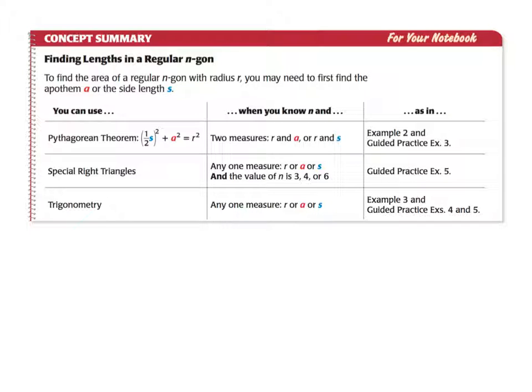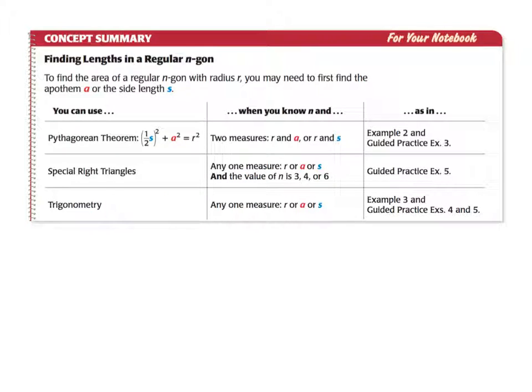And if you need to see an example of this, you can look at example number 2 and guided practice example number 3 in your book. So all of these are examples in your book, not from the notes. You can use special right triangles when you know you have n, the number of sides, and any one measure.